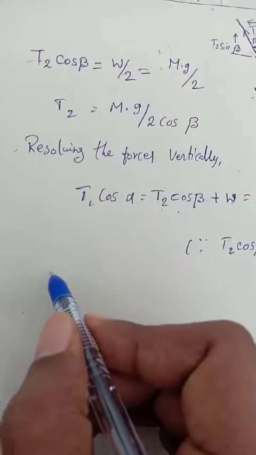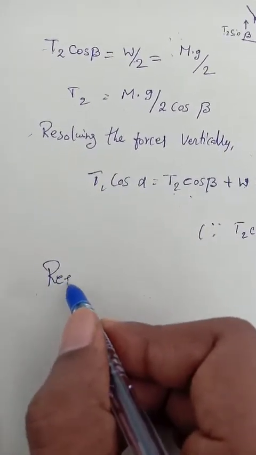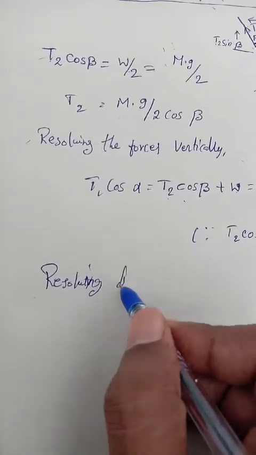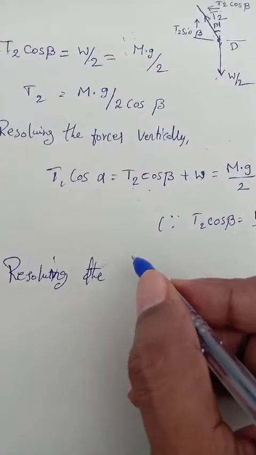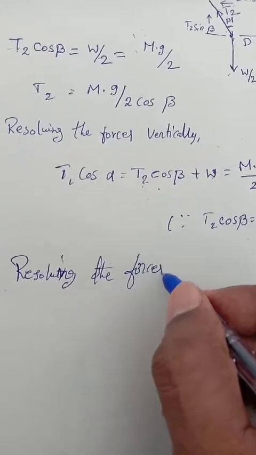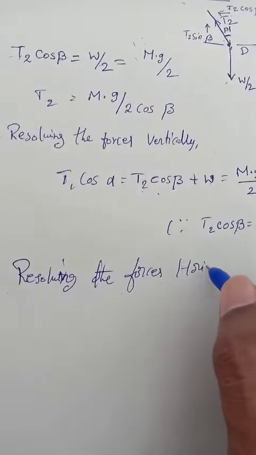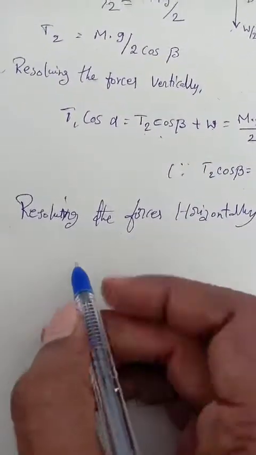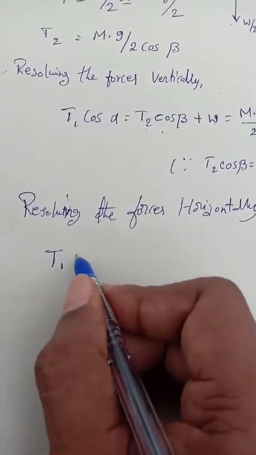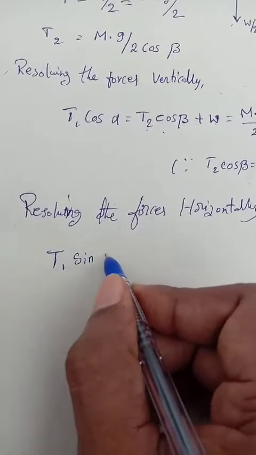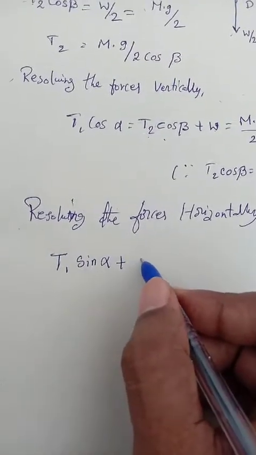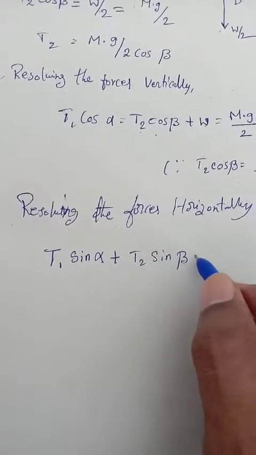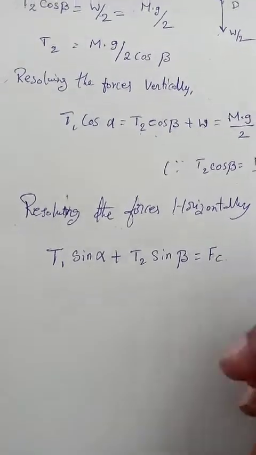Now resolving the vertical forces is over, and we go for the horizontal forces. Resolving the forces horizontally: the horizontal forces are T1 sin alpha plus T2 sin beta, that is equal to Fc.